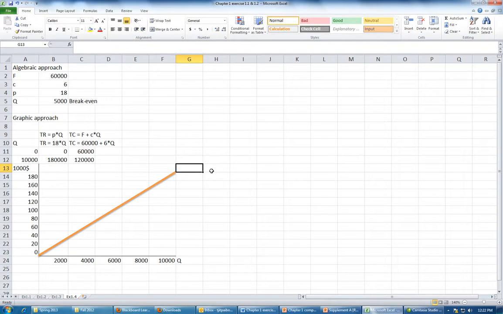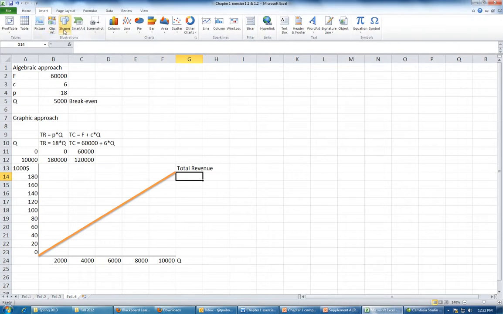We call that the total revenue line. Okay, then next you can try to draw the total cost line, for which I'm going to insert a shape. So we're going to start out at 60,000 and end at 120,000.